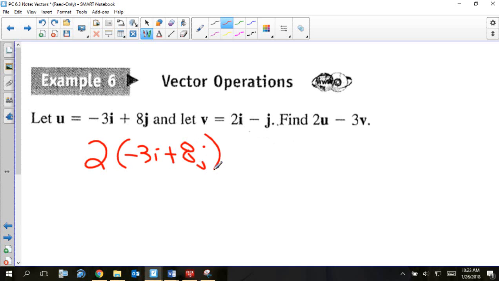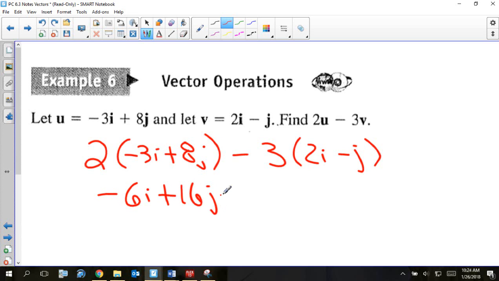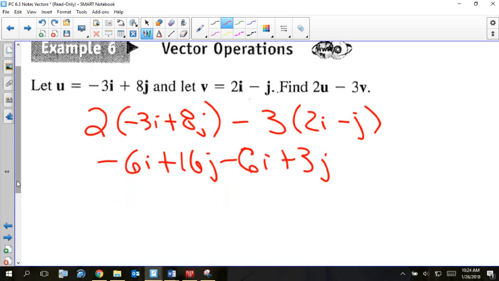What else? Would it be negative 5 minus 3 times? What do you think we need to do now? Let's do it correctly. What do you think we need to do now?